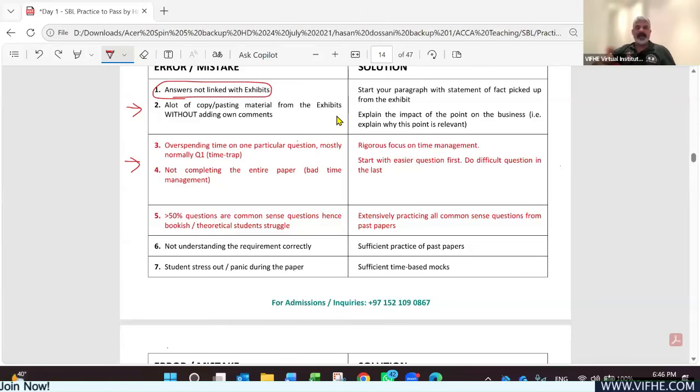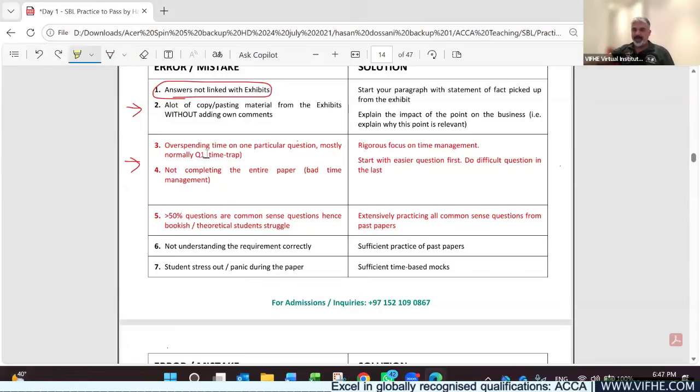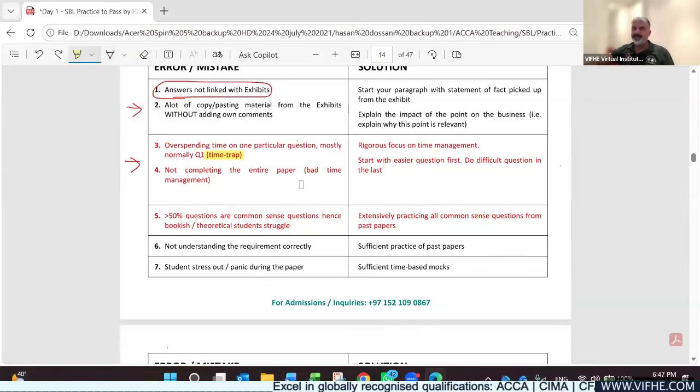This is very common, that sometimes you tend to overspend time on one particular question. You know what it is called? I call this the time trap.